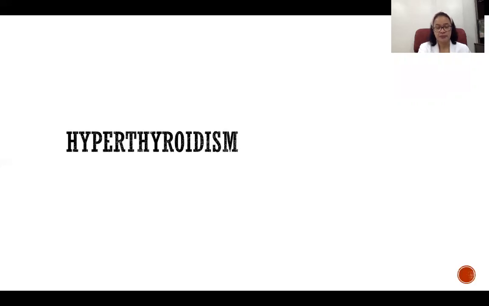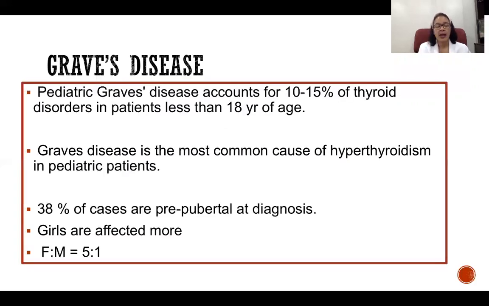hyperthyroidism. With regards to Graves' disease, in pediatrics, it's less common compared to the adult population. It accounts for only 10 to 15% of thyroid disorders in patients less than 18 years of age.